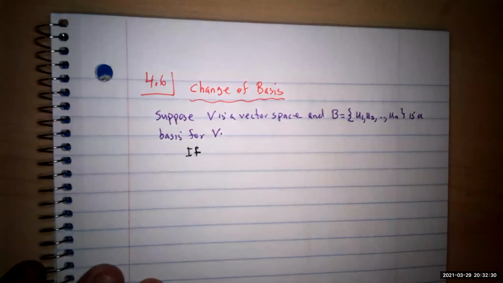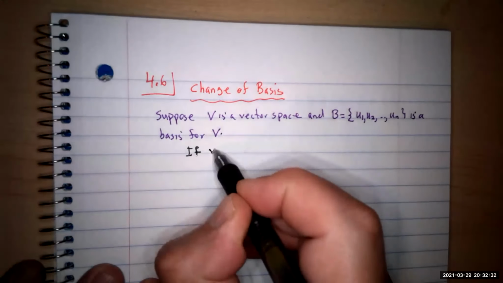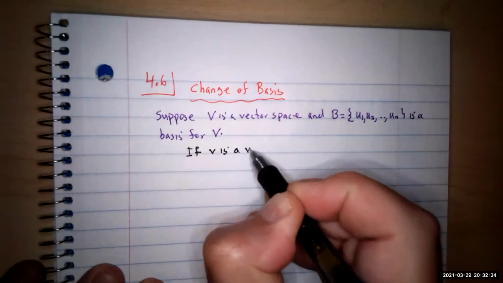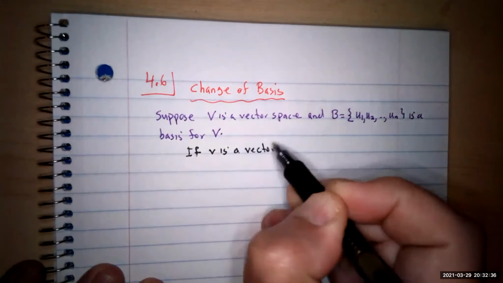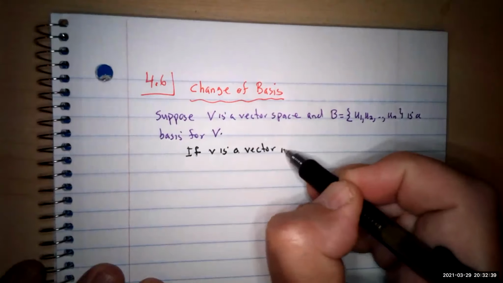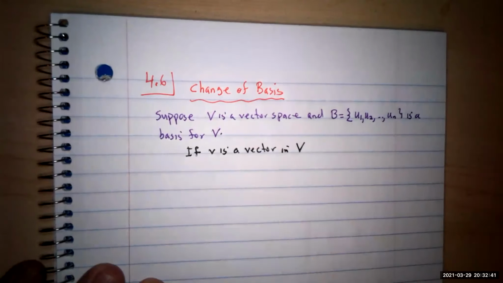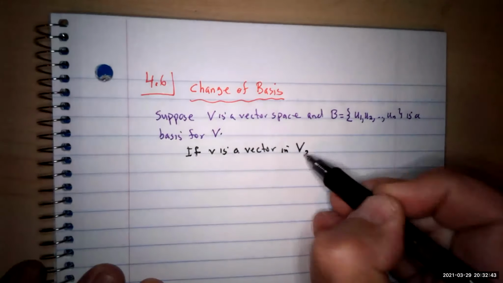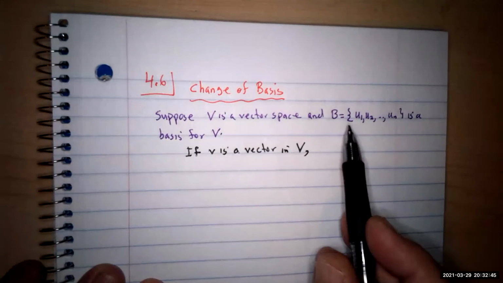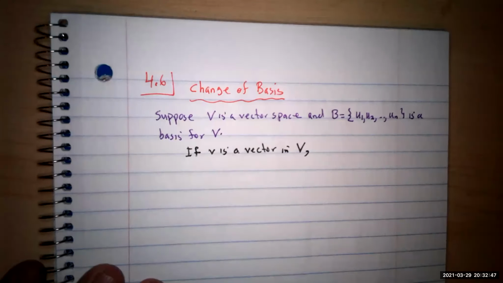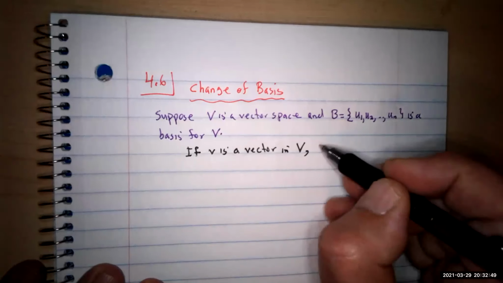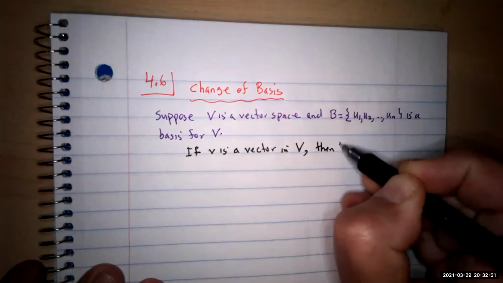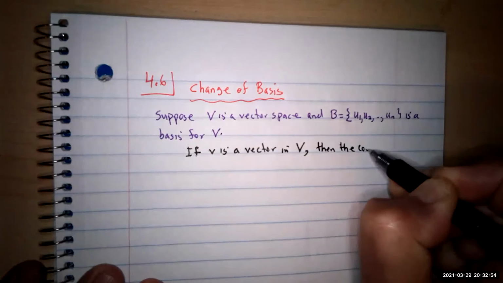You know that if you pick a vector v in the vector space V, then relative to this basis we can have, remember, coordinate vectors.